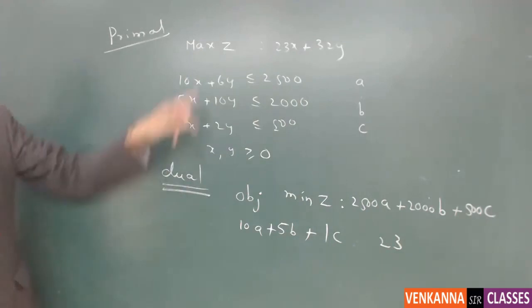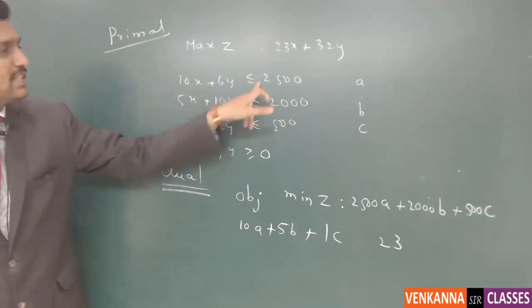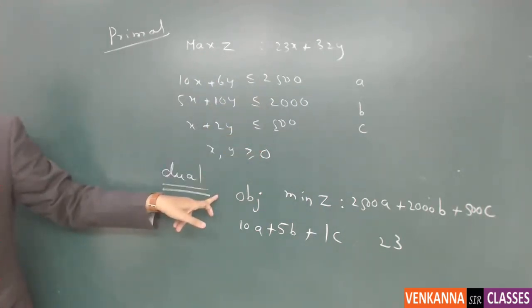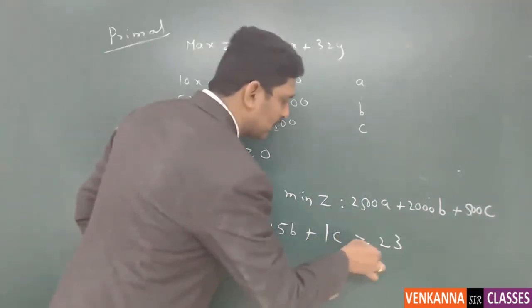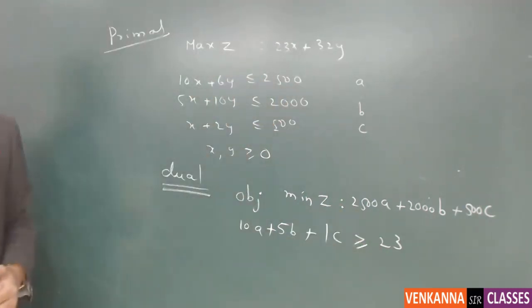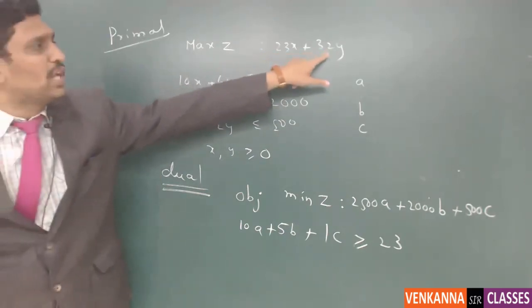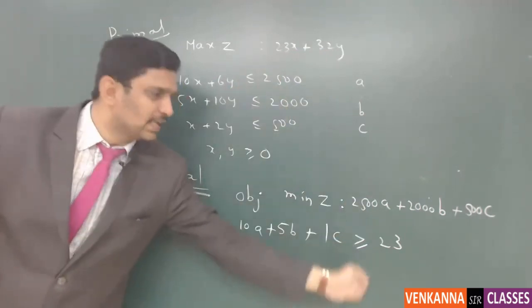As we know, under maximization all the inequalities are of the form less than or equal to, so under minimization all the inequalities must be greater than or equal to. So we will write greater than or equal to 23. In a shorter manner, in the primal problem the coefficients in the objective function will come on the RHS in the dual problem.